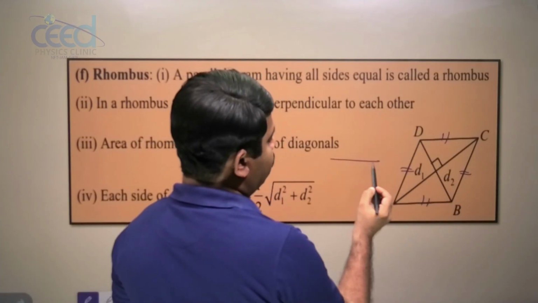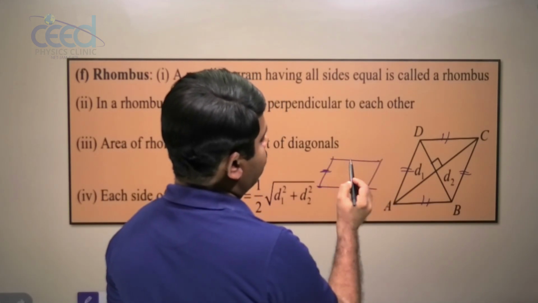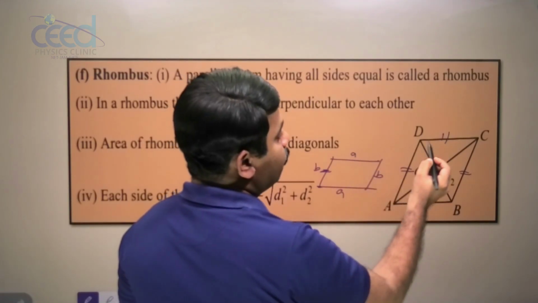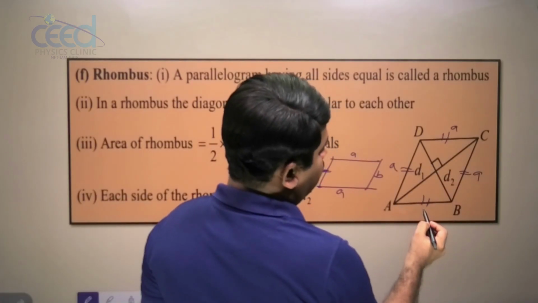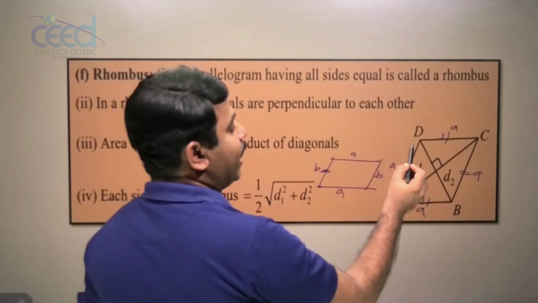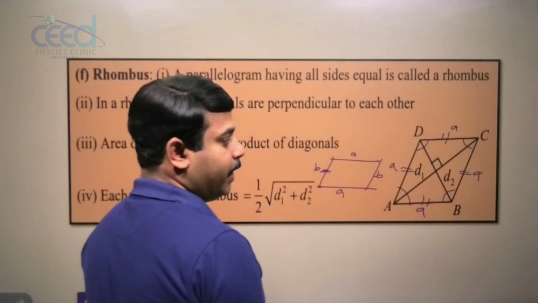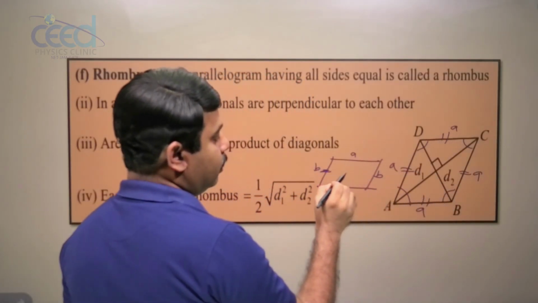For a parallelogram, this length should not be equal to this length. This is A, this is A, but this is B, this is B. But in a rhombus all the lengths should be A, right? And angles are not 90 degrees.